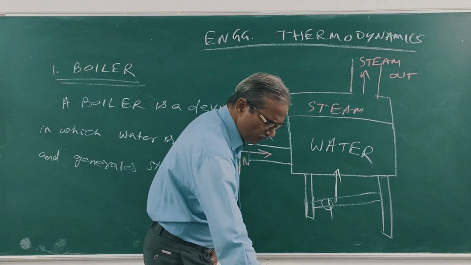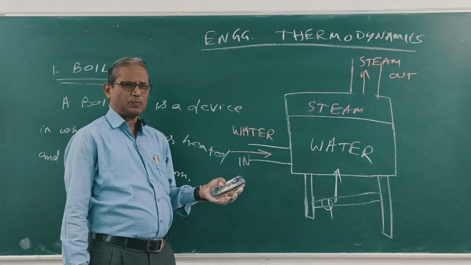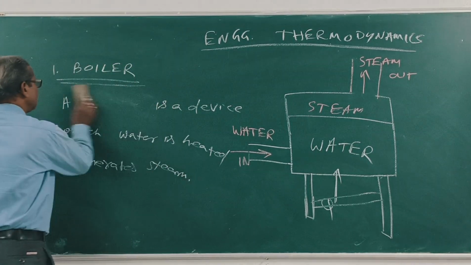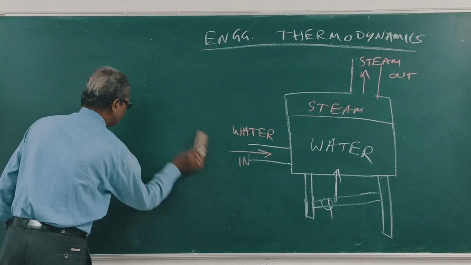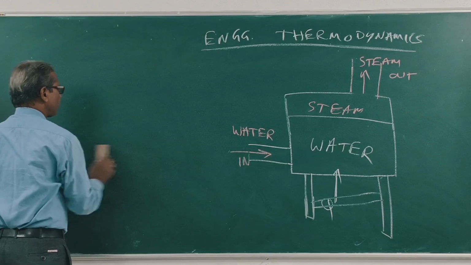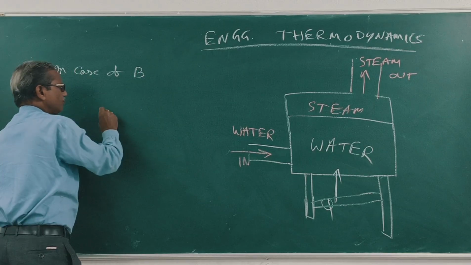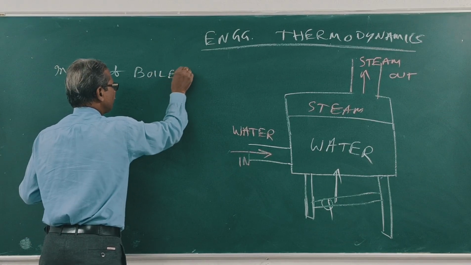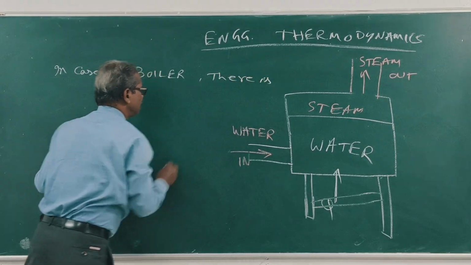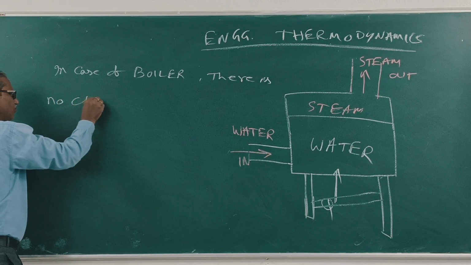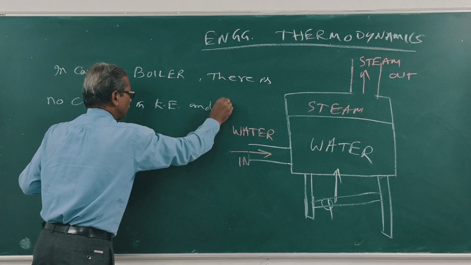Then the steam is supplied to the steam engines or steam turbines in the case of power plants. In the case of a boiler, there is no change in kinetic energy and potential energy.